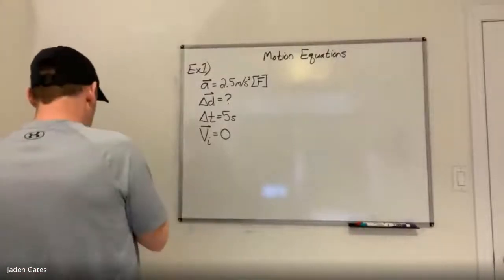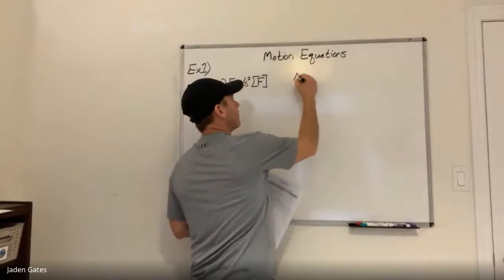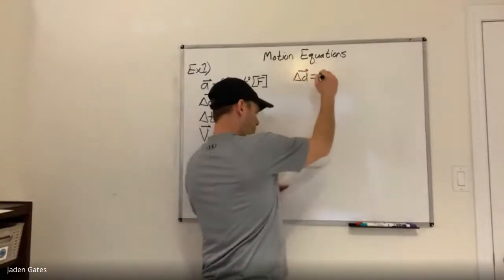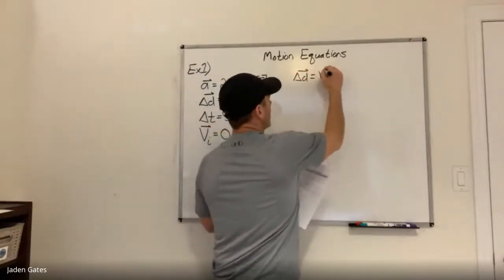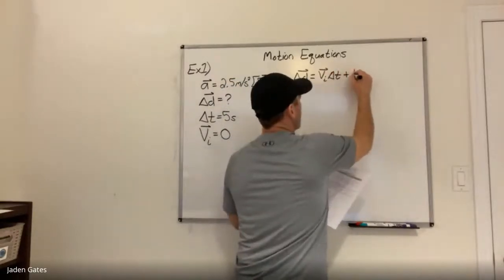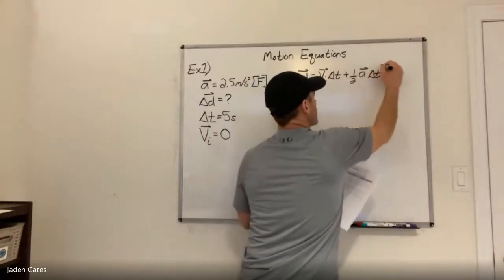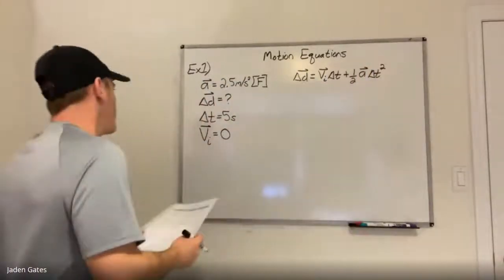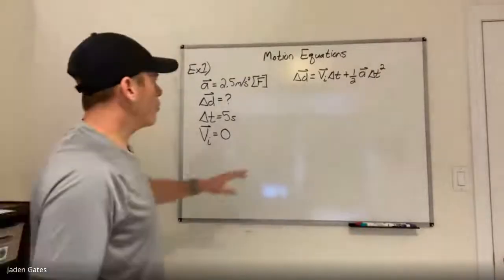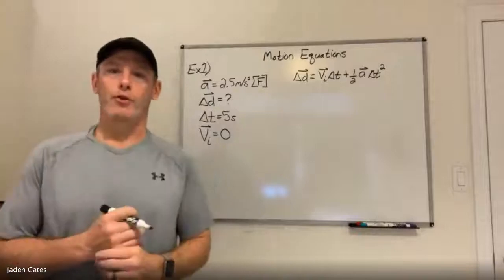So I'm going to write it down here where I've got delta D is equal to VI times delta T plus 1/2 the acceleration delta T squared. Now, when you're working and substituting into your equation, you have to take into account direction.